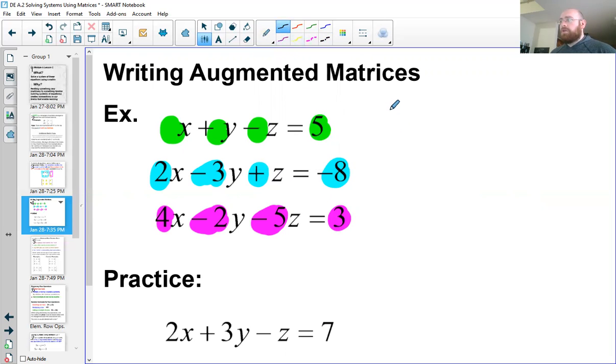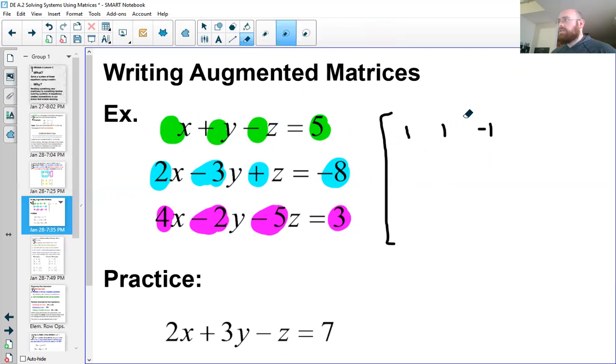In order to write the augmented matrix, I need all of my brackets. To make sure my spacing is correct, I'm going to put the left bracket here. When there isn't a coefficient written, it's implied to be 1. So we have 1, 1, -1 from our first equation.